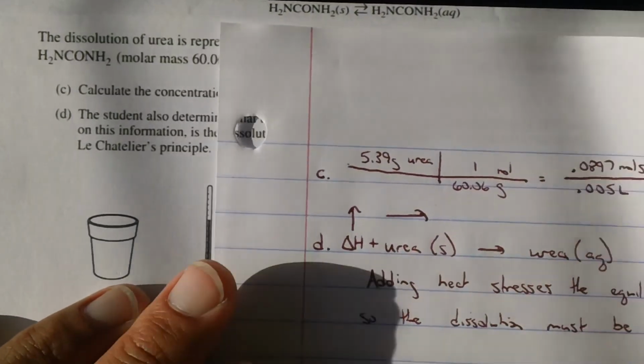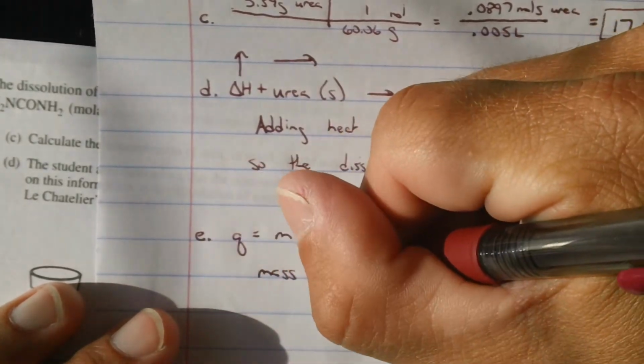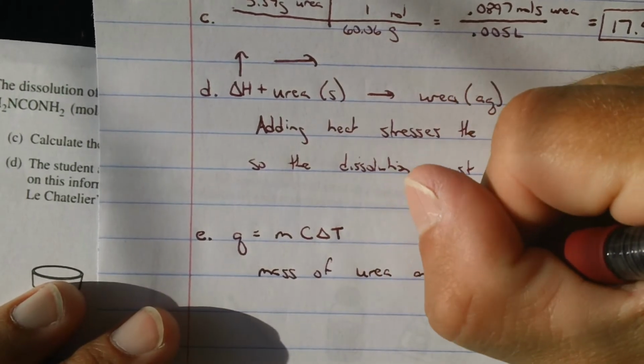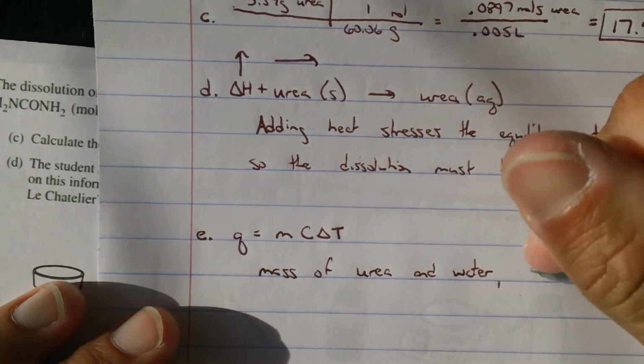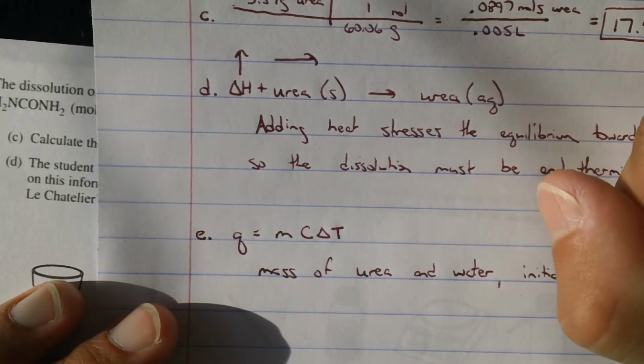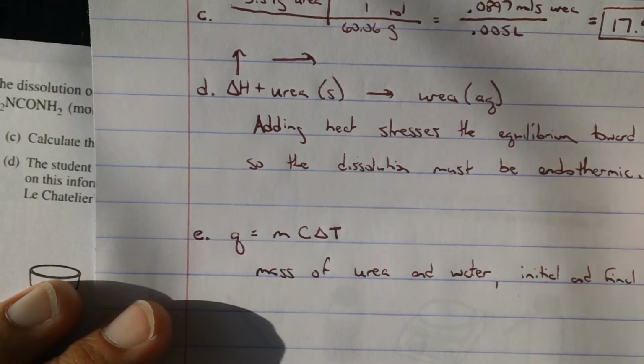Our measurements are mass of urea and water, and initial and final temperature.